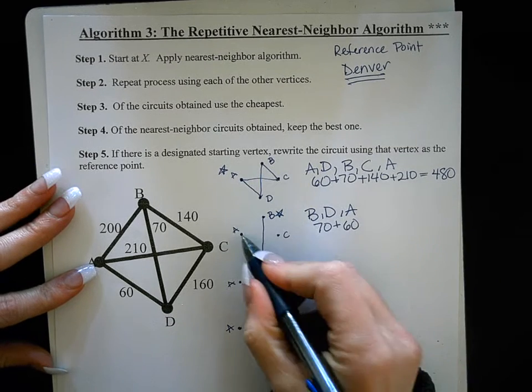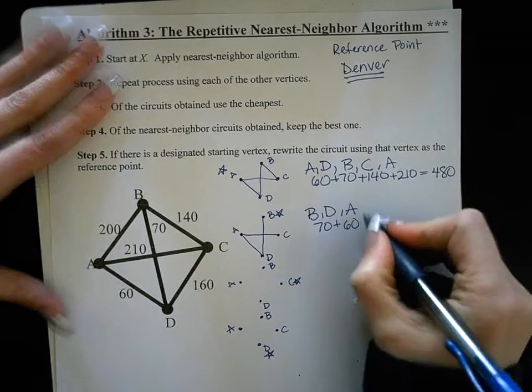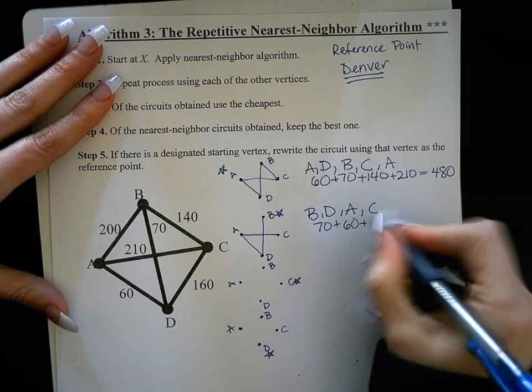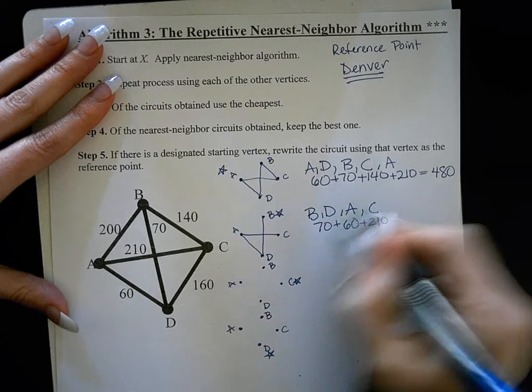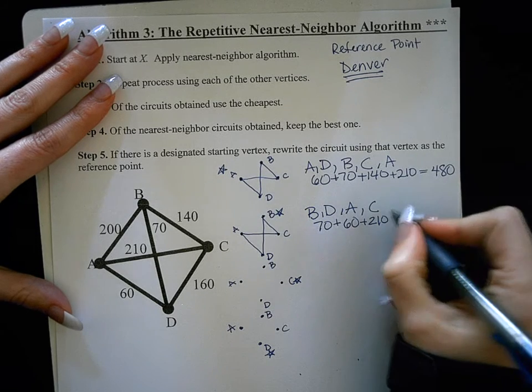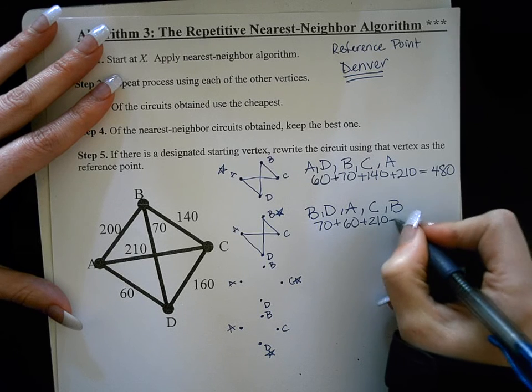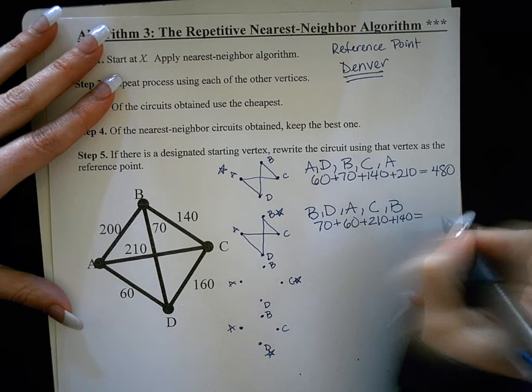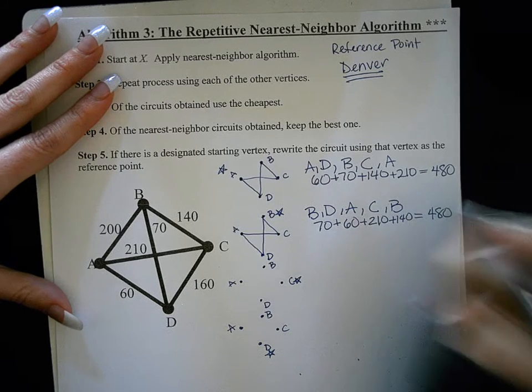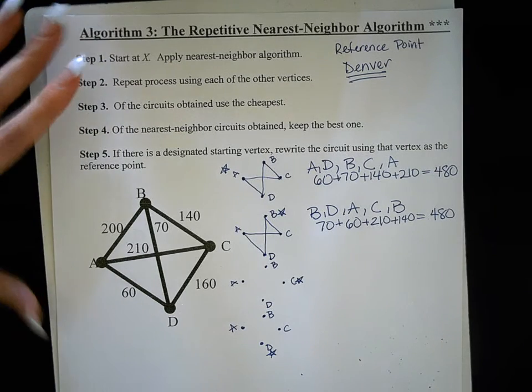Now from A, we have to go to C. And from A to C, that is 210. And then from C, it's time to go home back to B. And from B to C, that is 140. Now the total cost of this, if you add all those numbers up, is 480.